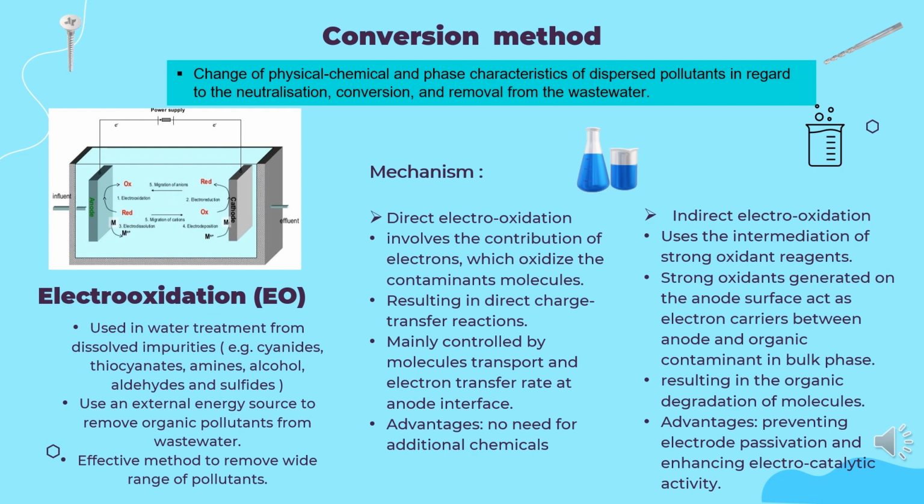The second mechanism of electrooxidation is indirect electrooxidation, which uses the intermediation of a strong oxidant reagent. Strong oxidant generated on the inert surface acts as an electron carrier between the inert surface and organic contaminants in the bulk phase, resulting in the degradation of organic molecules.